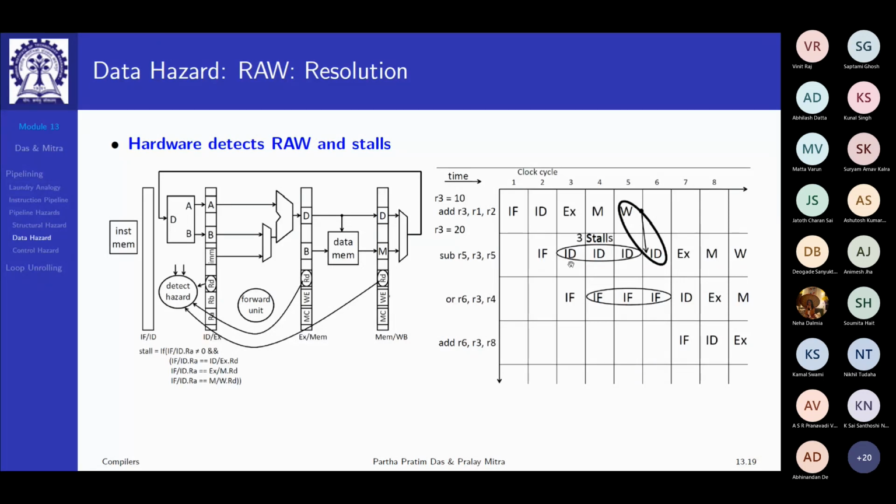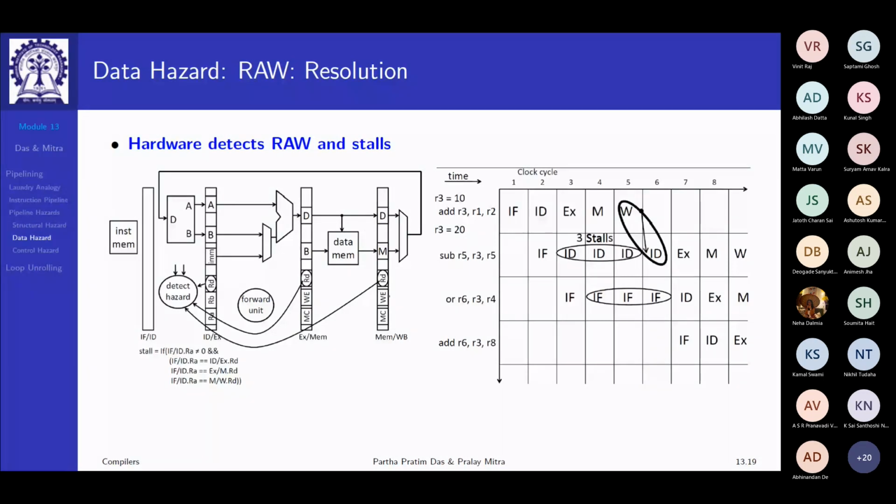In cycle 3, it is expecting to decode and get the value of the register. It is not there. The value of register R3 will be available only in cycle 6 because it is written in cycle 5. So for cycles 3, 4, 5, this sub instruction cannot proceed. So what the hardware will do is fill up with nops here. You insert that bubble, and you have stalled the pipeline for the sub, and it cannot proceed.